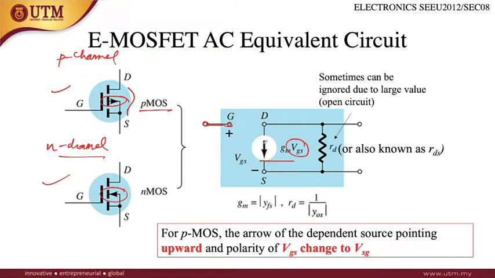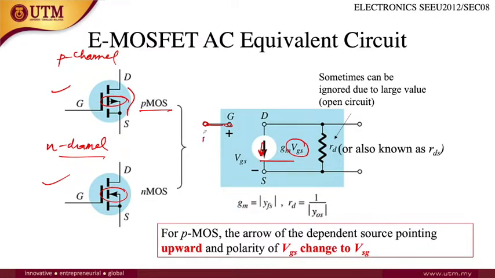You can see that the pointing arrow is showing downward. What is the meaning of that? It means that from drain to source there is an inversion phase shift between output and input voltage.